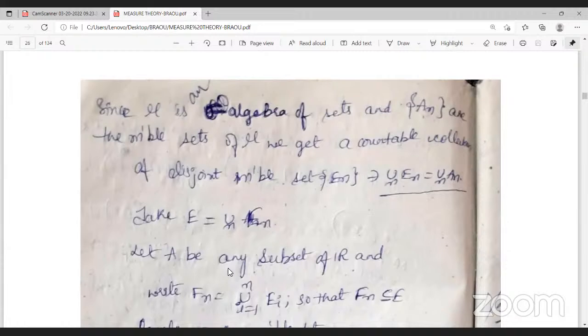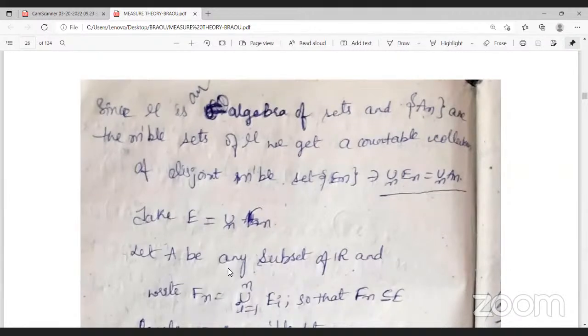That is, E1, E2, up to En minus 1 are pairwise disjoint. Then the measure of the union of i equal to 1 to n minus 1 of Ei is equal to the summation of i equal to 1 to n minus 1 of m of Ei. This is equation 1.